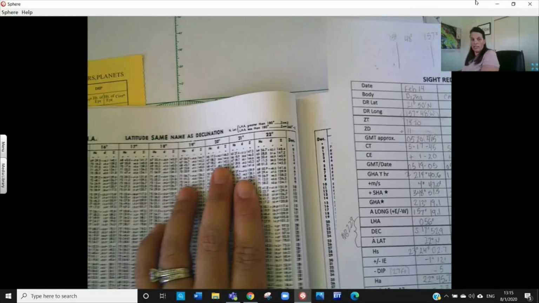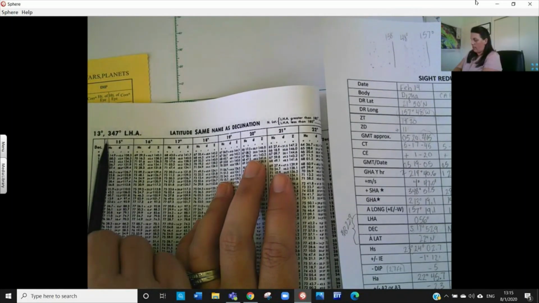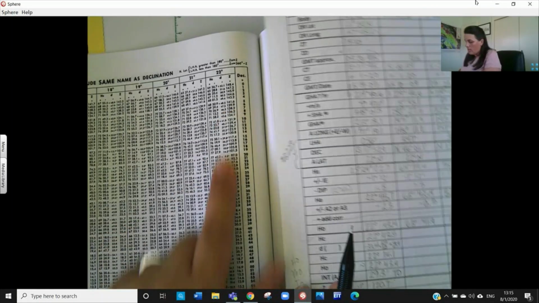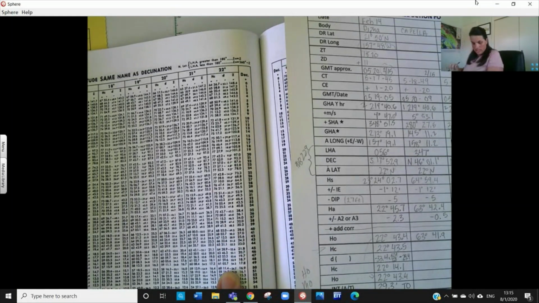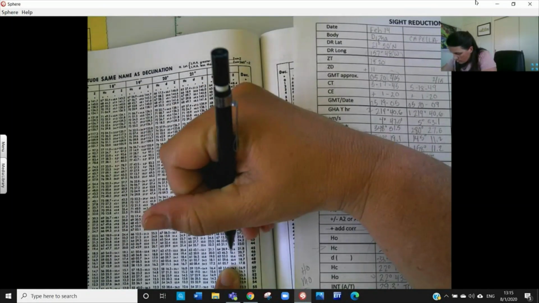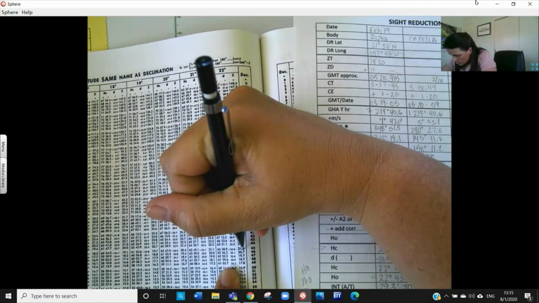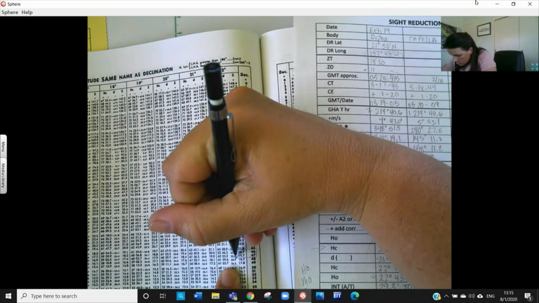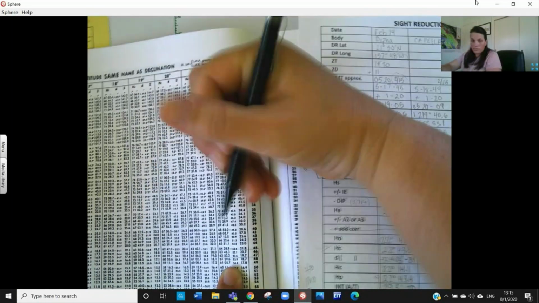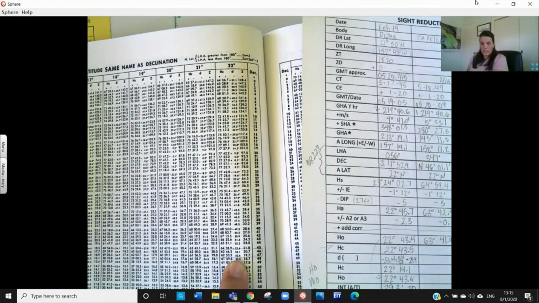I'm going to be on this side. So I still have my LHA of 347, my latitude of 22 degrees, and then my declination is going to be 46, just a little tiny bit over 46. So I'm going to go down and find 46. So these are my numbers that I'm going to be looking at, and I'll plug in here.